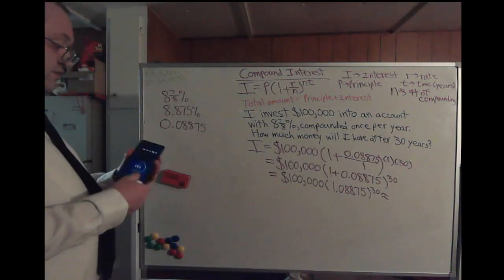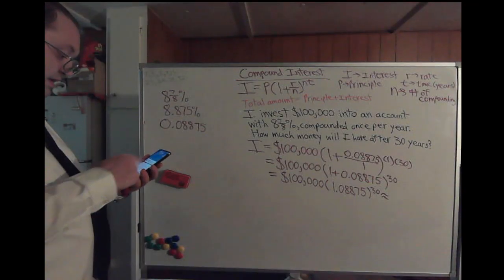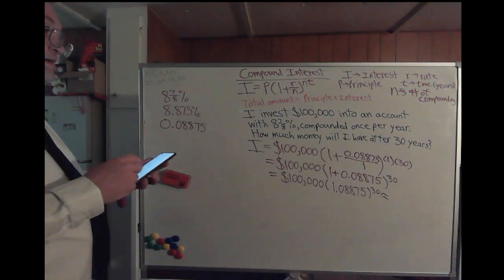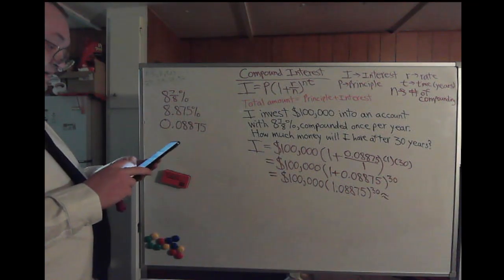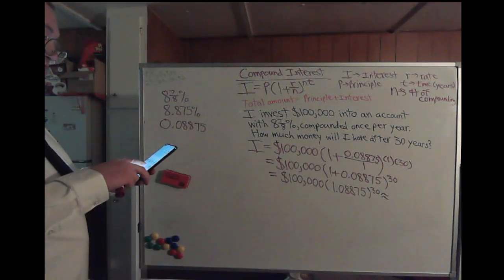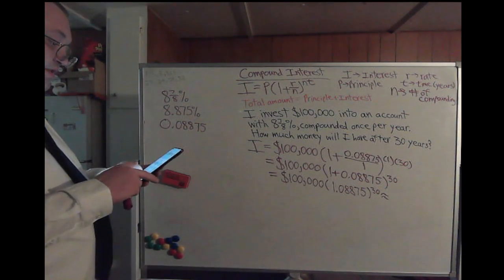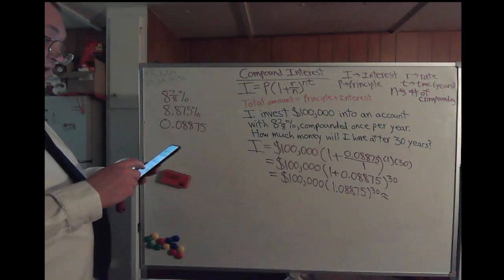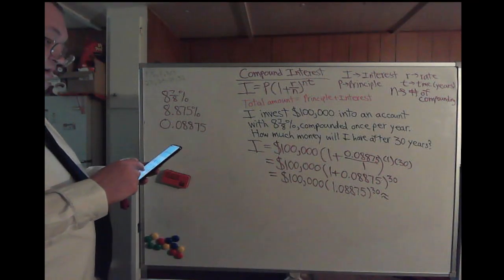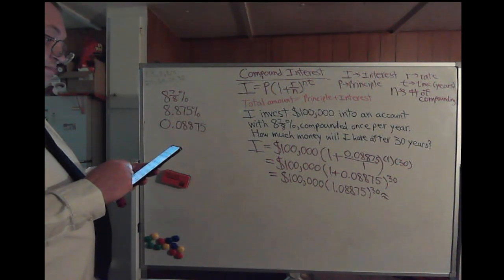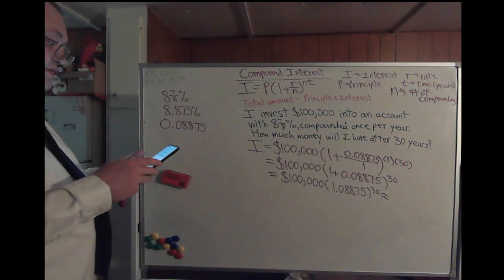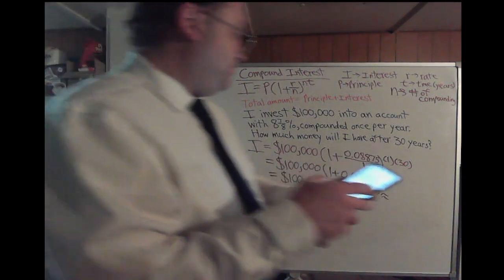So let's go ahead and do that. All right, so deal with your exponent first. 1.08875 to the 30th power is not a pretty number. Then take that, what you got for that, multiply it by 100,000.